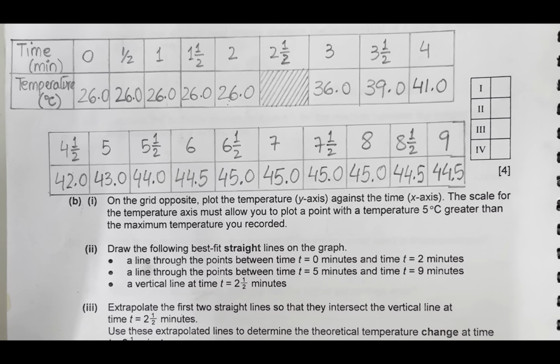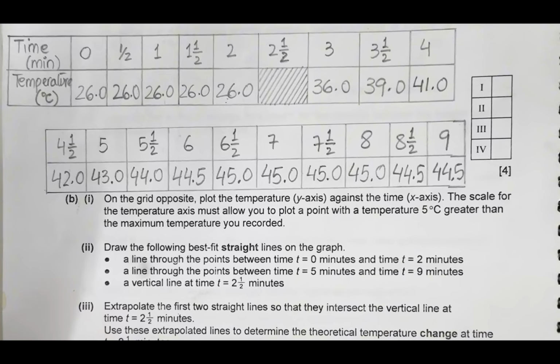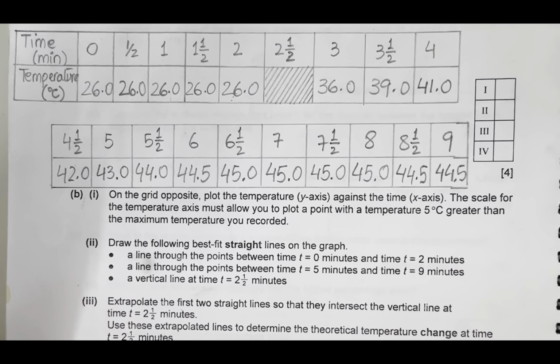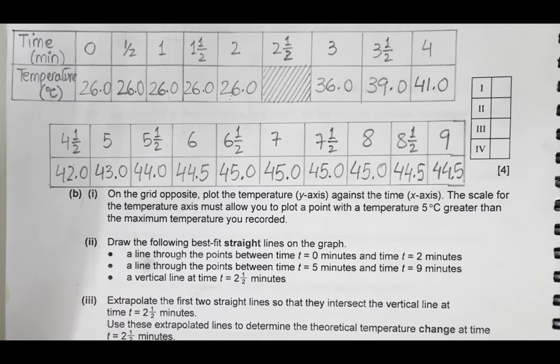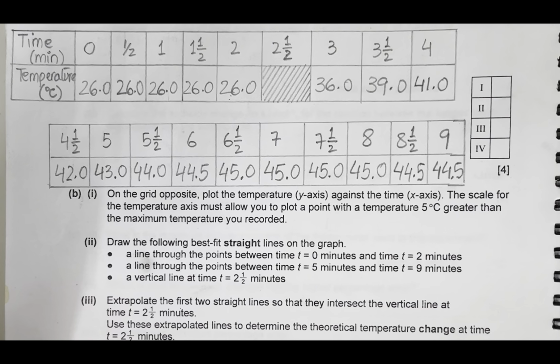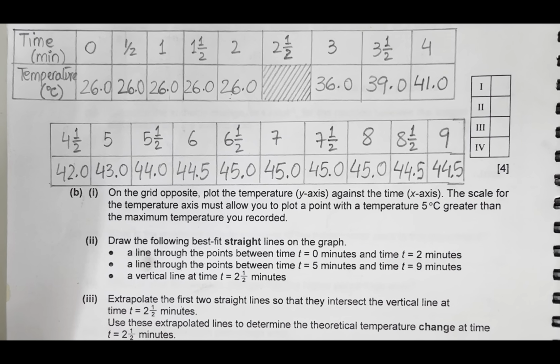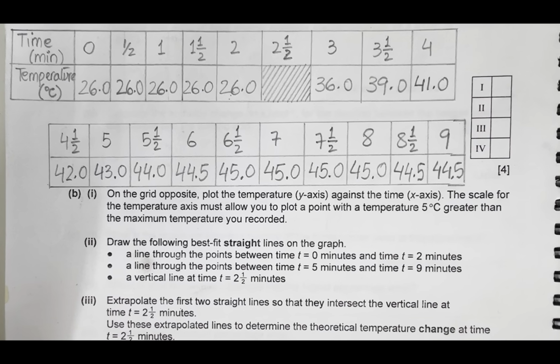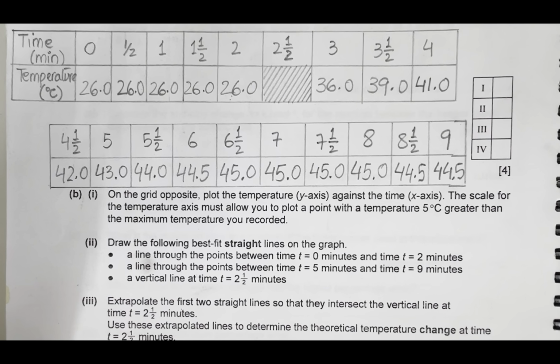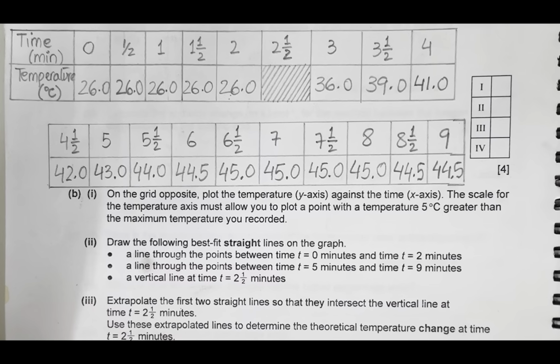Now let's move on to the next part where it says on the grid opposite plot the temperature on y-axis against the time on x-axis. The scale for the temperature axis must allow you to plot a point with a temperature 5 degrees Celsius greater than the maximum temperature you have recorded.